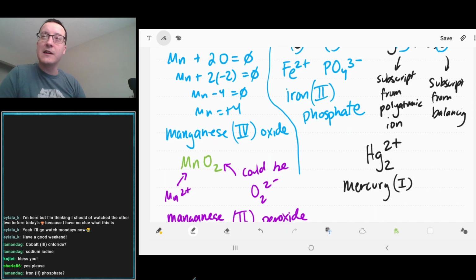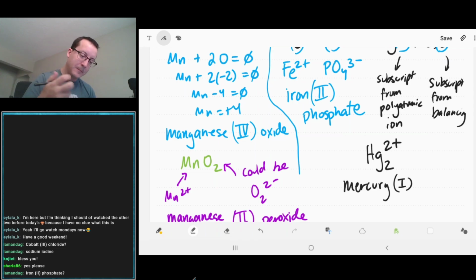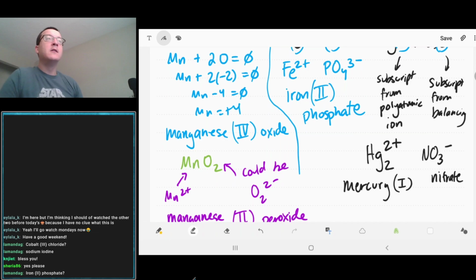But mercury 1 is a very special case. It always occurs as a pair. So you have to have an even number of mercury 1 ions, just the way it is. And of course, we know that this guy is nitrate. So your name for this one will be mercury 1 nitrate.